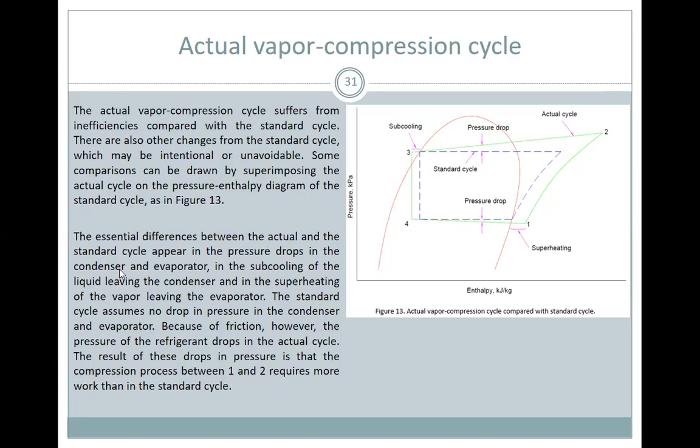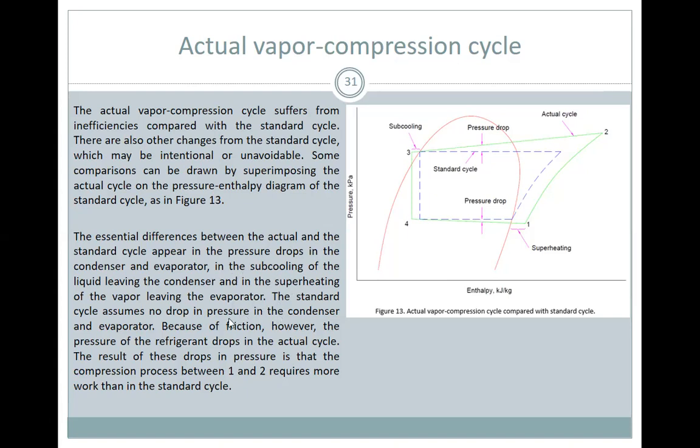The essential differences between the actual and the standard cycle appear in the pressure drop in the condenser and evaporator, in the subcooling of the liquid leaving the condenser and in the superheating of the vapor leaving the condenser.